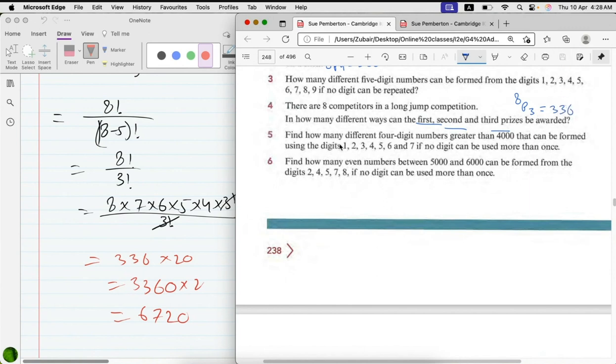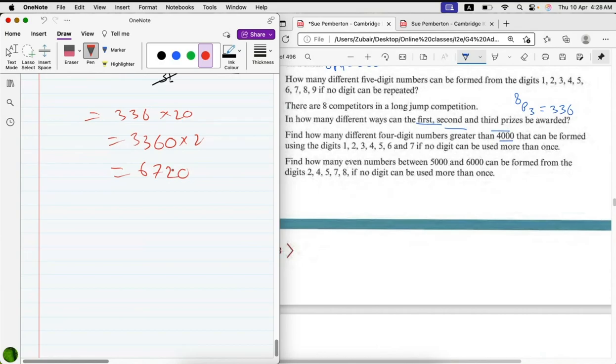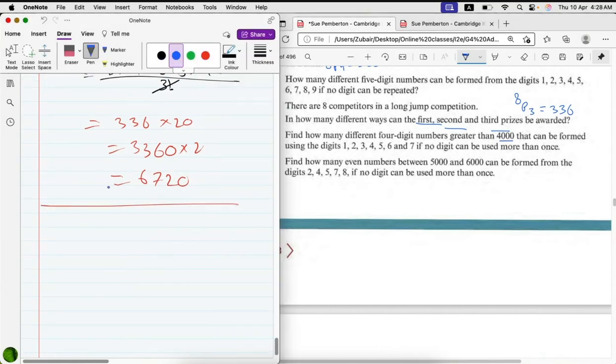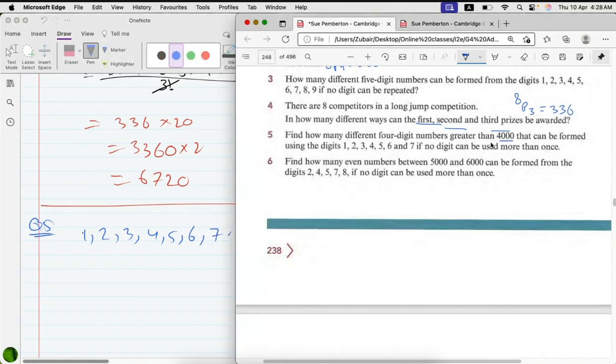Fifth says find how many different 4-digit numbers greater than 4,000 can be formed. Now there's a restriction. This is question number 5. 1, 2, 3, 4, 5, 6, 7. So total numbers 7. But it has to be more than 4,000.